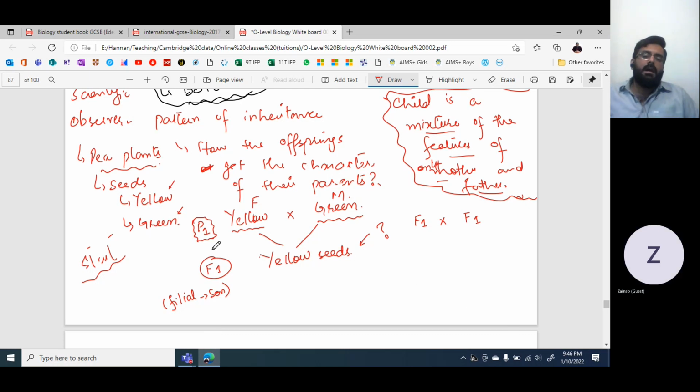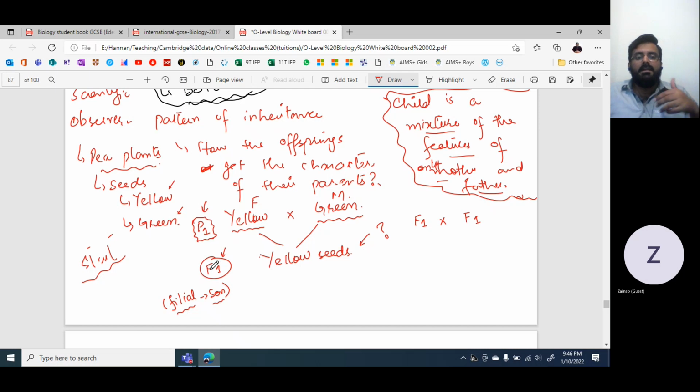I said that the generation which he crossed was mentioned as P by him. P means parental generation, and their immediate offspring were called the filial generation. Filial means son, and he labeled that immediate generation as the F1 generation.